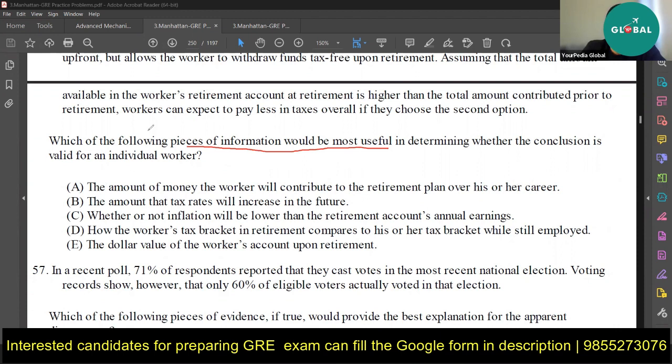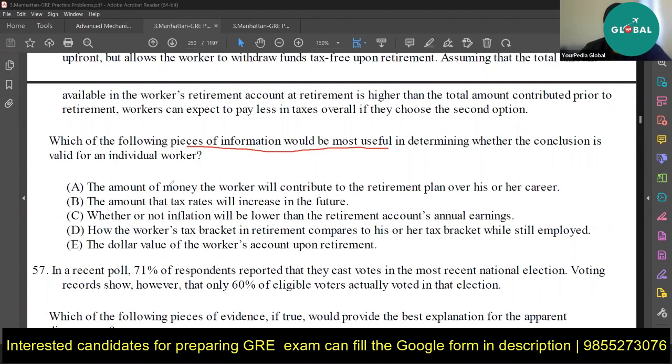Do you think if he gives the exact amount of money, it is helpful? What do you say? No, I guess. Why no? Because if you are assuming X or if you are assuming 100 rupees, how does it change the situation over here?